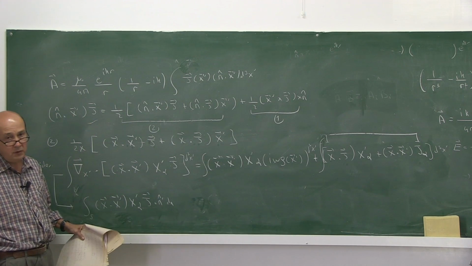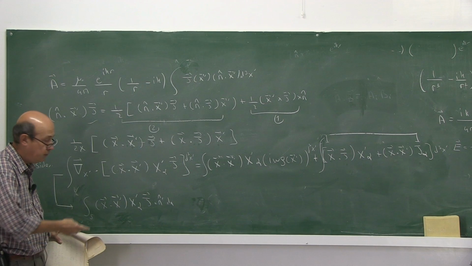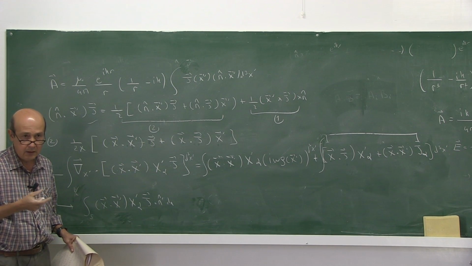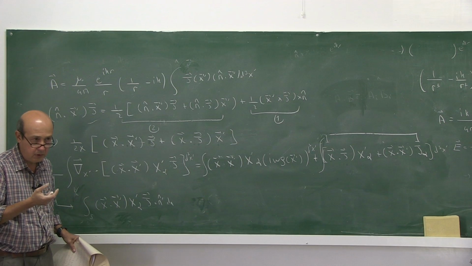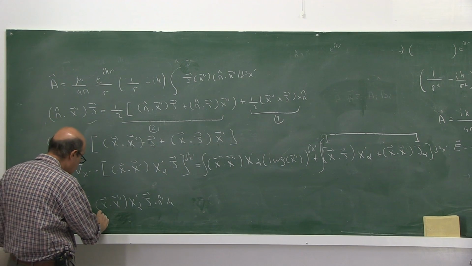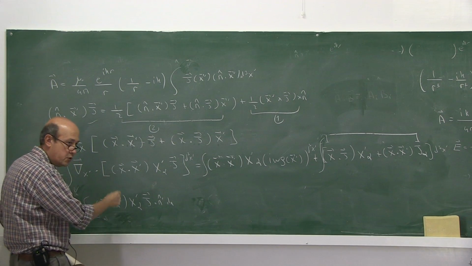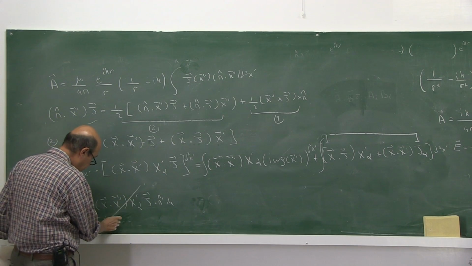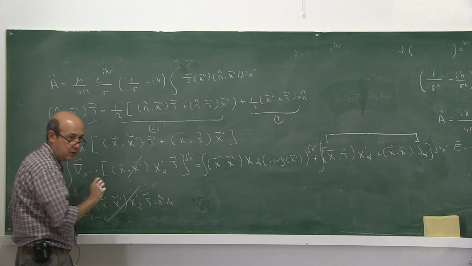When the surface goes to infinity, we don't have any source because the sources are localized, current densities and whatever. So this will be 0.